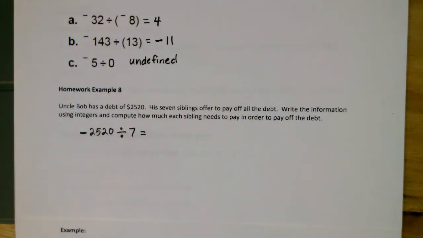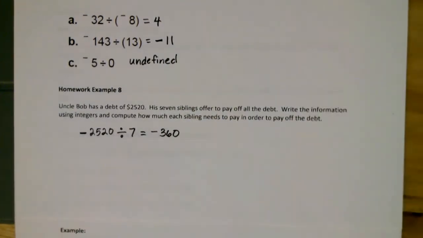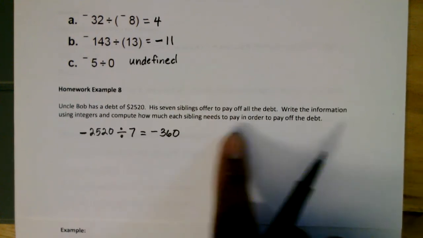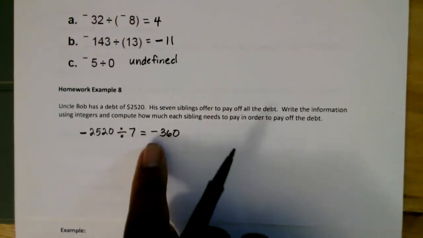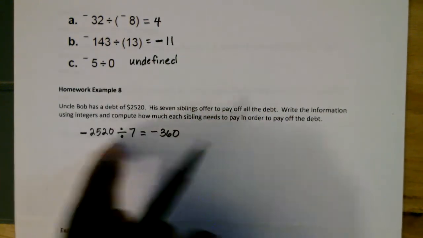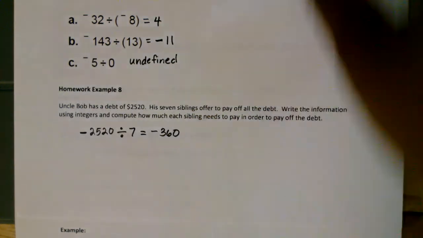Negative 2,520 divided by 7 would be negative 360. So that's how we can represent that answer as negative 360. Okay. Now, in the homework, when you enter the amount that each sibling needs to pay off the debt, you'll drop off the negative, just say 360 as the answer. But this part right here is the division sentence for that situation.